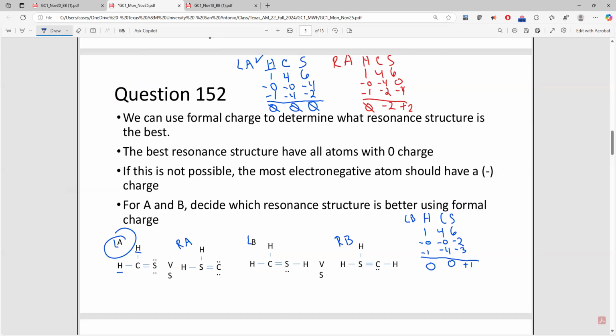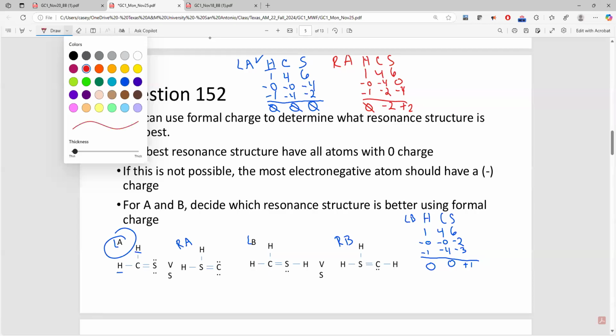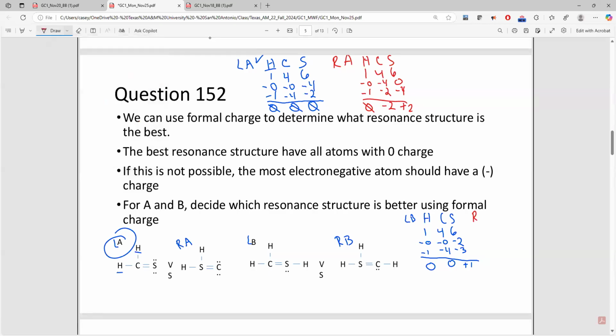All right, now let's do right B. Hydrogen, carbon, sulfur. 1, 4, 6 valence electrons. Hydrogen, no lone pairs. Carbon, 2 electrons in the lone pair.